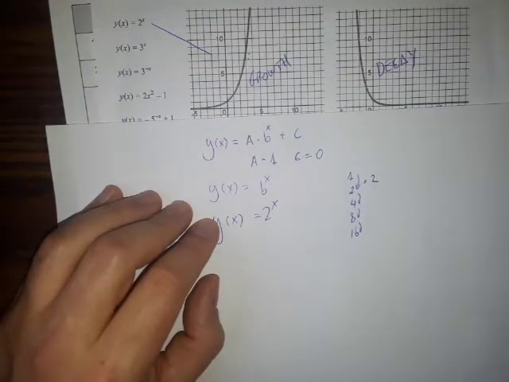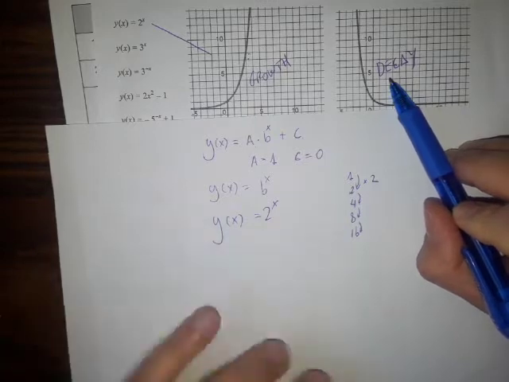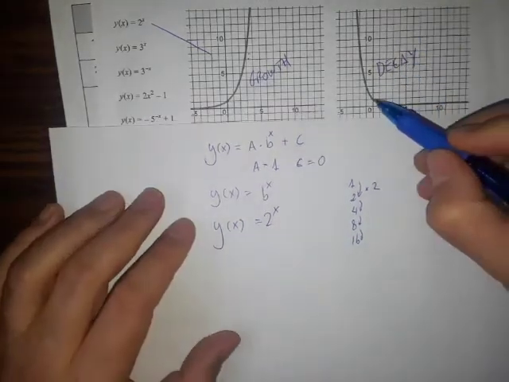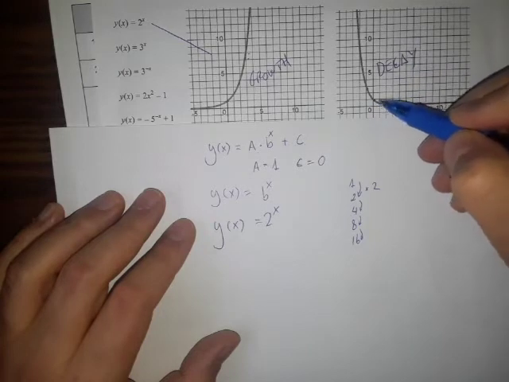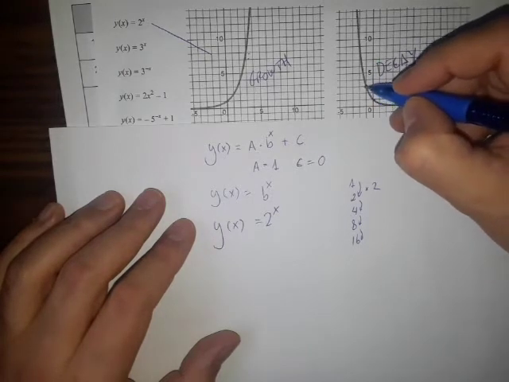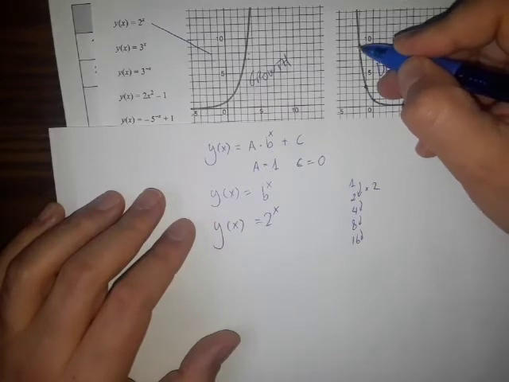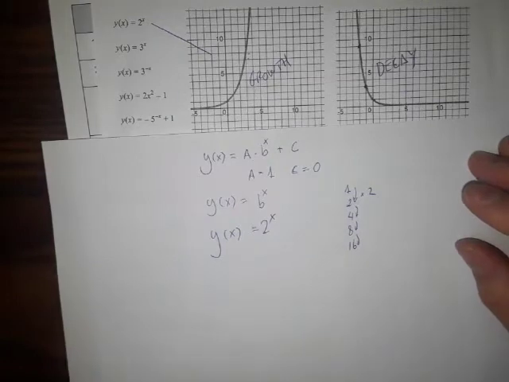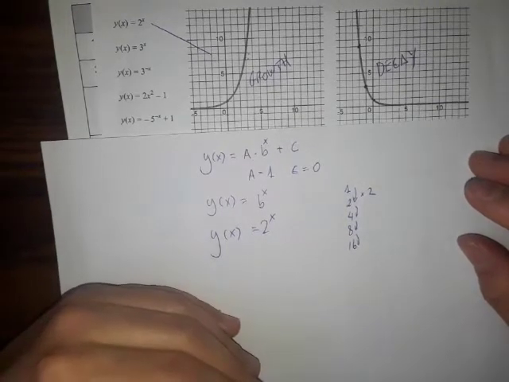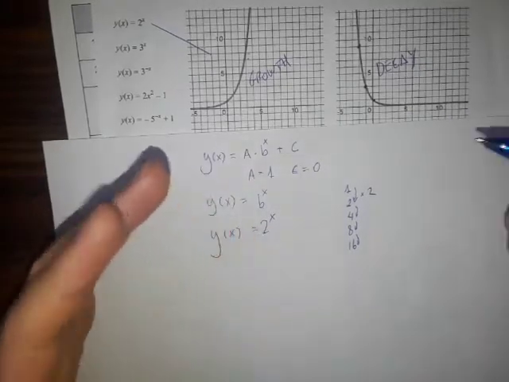Okay. Now here we have a decay, right? So look, we have 1, 3, 9, right? So if it's a decay, it goes dividing, or multiplying, depending how you see it.